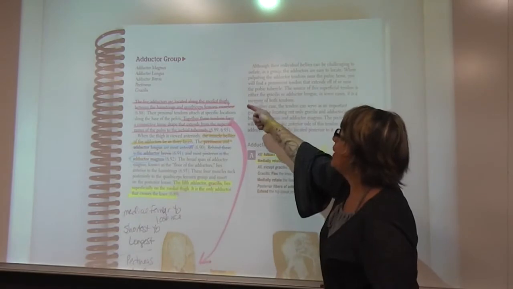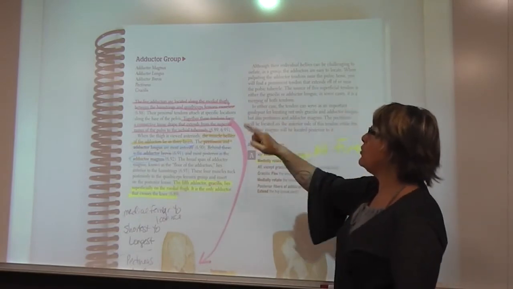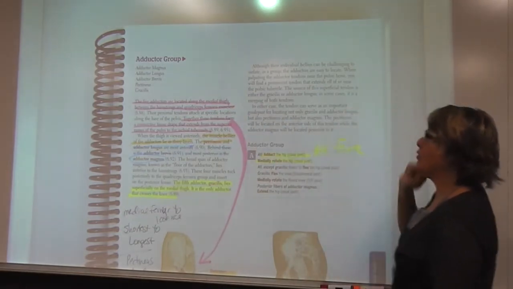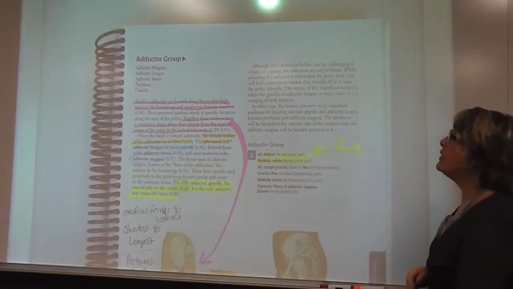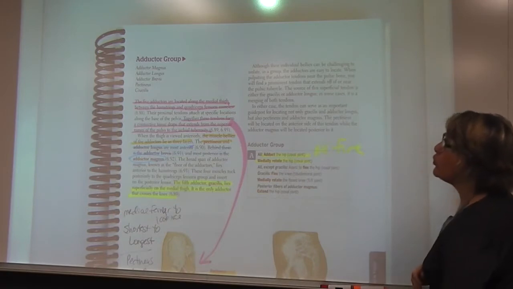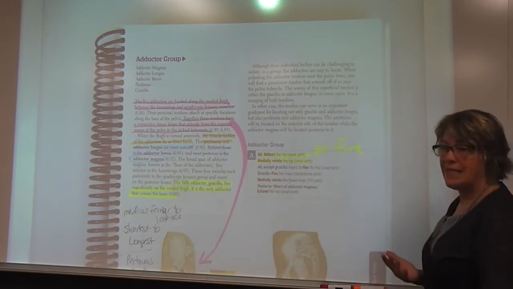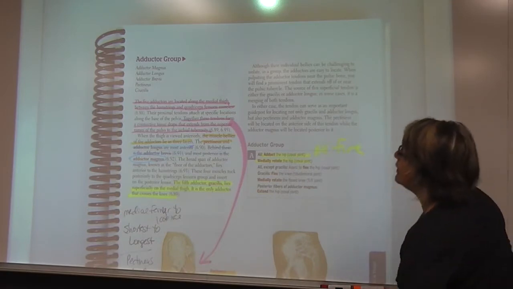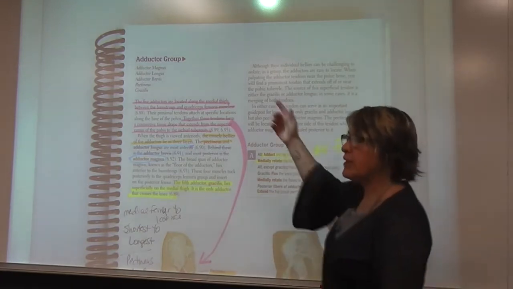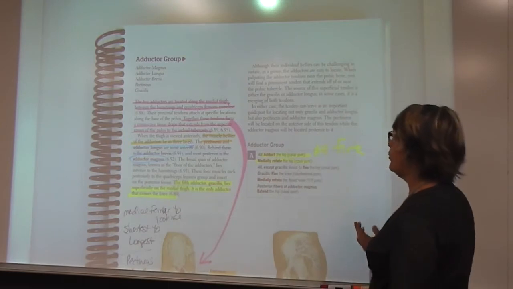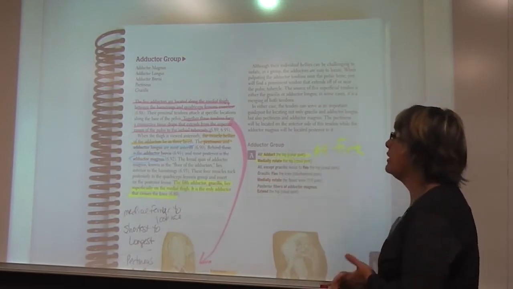So all five are on the medial thigh between the hamstrings and the quadriceps femoris group. Yay, now we know where they're located. We can think of this as being like the inner groin. So when you hear someone say, I strained my inner groin muscle, probably it's one of these, but technically it could be some other ones. It all depends on specifically which one they're talking about.